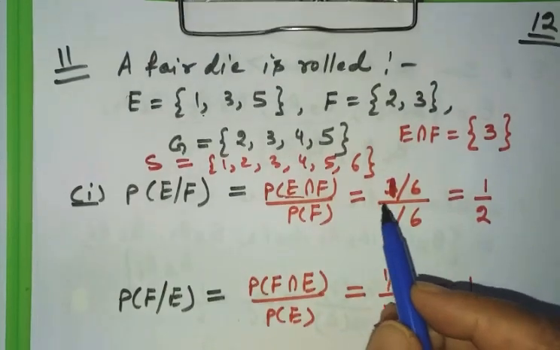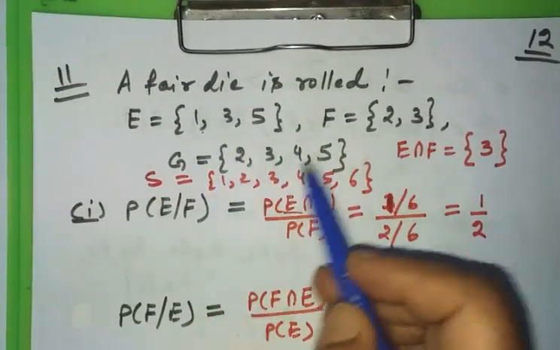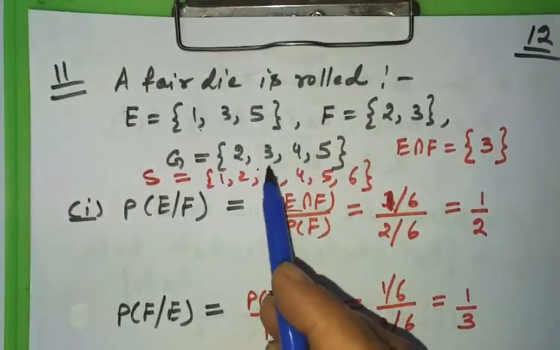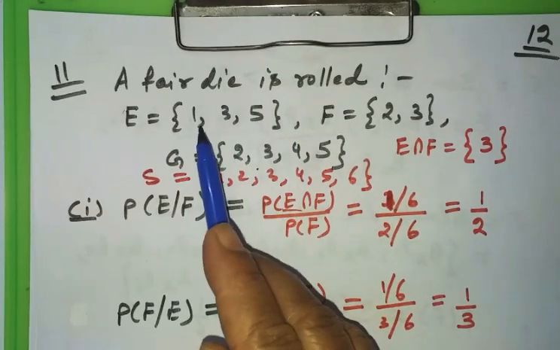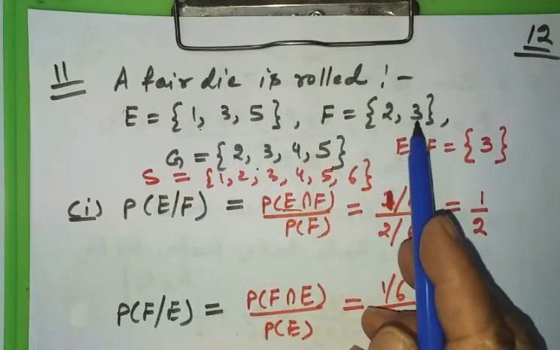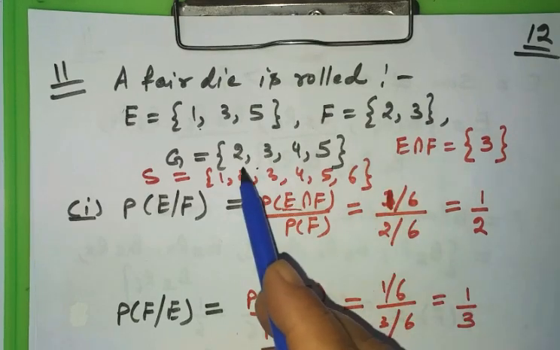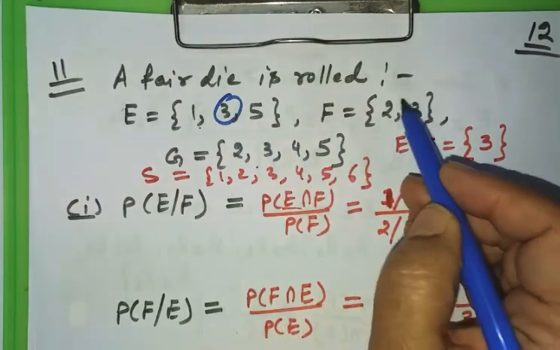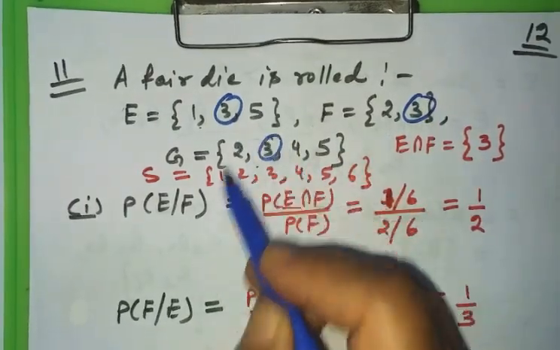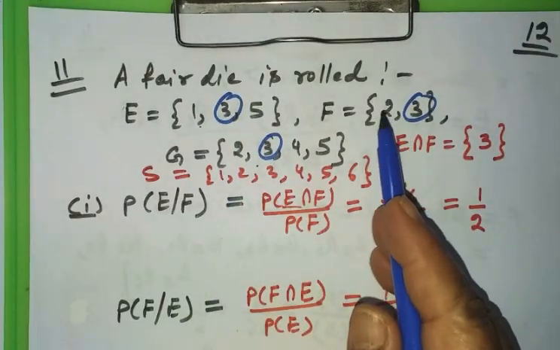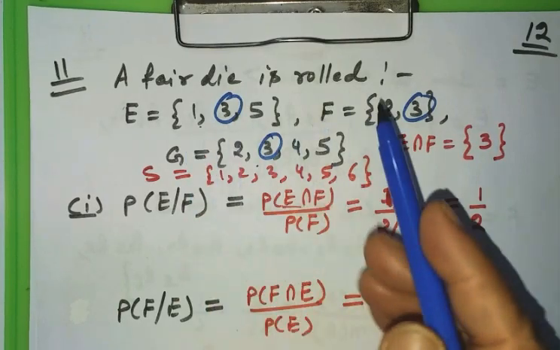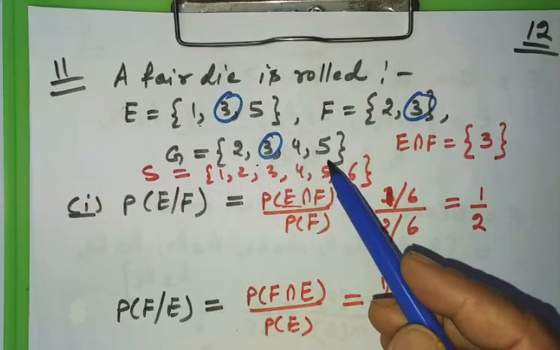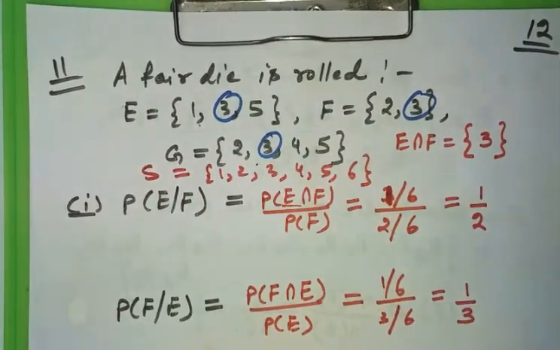So let us see all the three sets E, F and G. Can you tell me what is the common element? If I see in E and F, the only common element is 3, and you can see 3 is the only element which is there in all the three sets. 2 is in F and G but not in E, 5 is in E and G but not in F, so 3 is the common element.